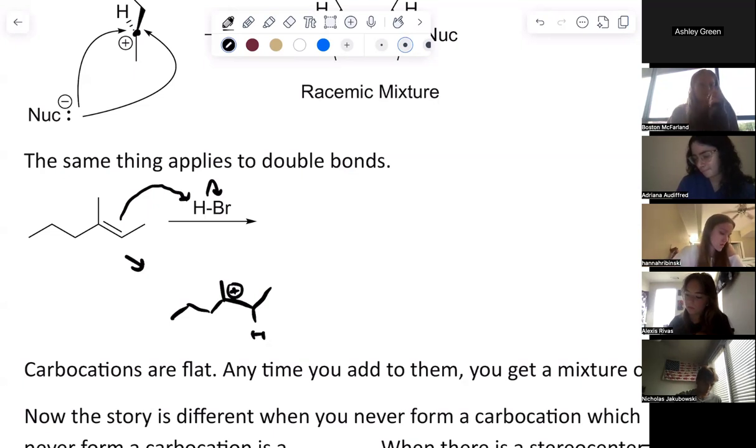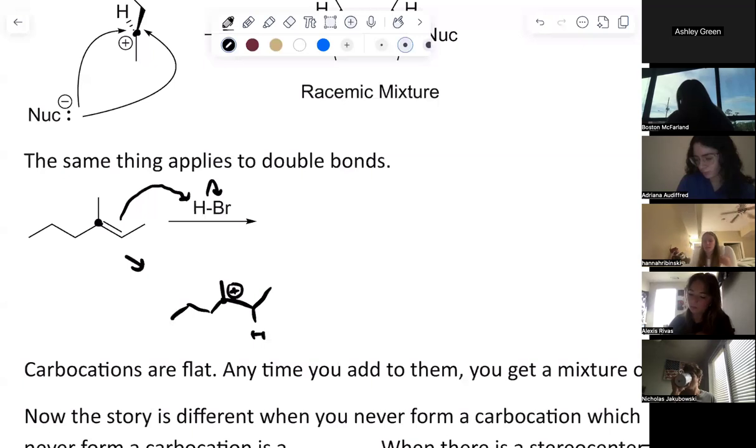So a point to talk about. This carbon went from sp2 to sp2, so it stayed flat. This carbon went from sp2 to sp3. So technically, I added one hydrogen to the wedge and one hydrogen to the dash.